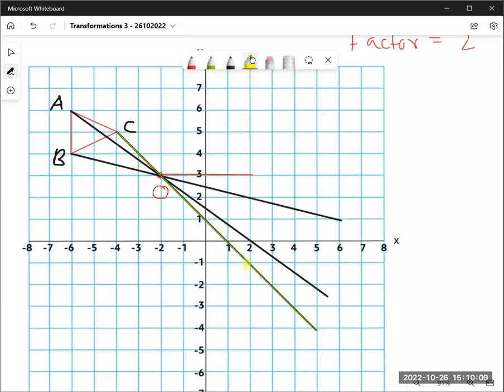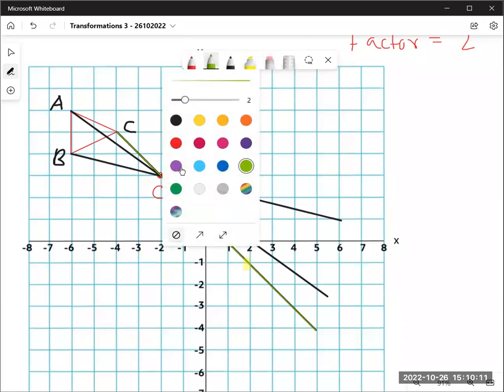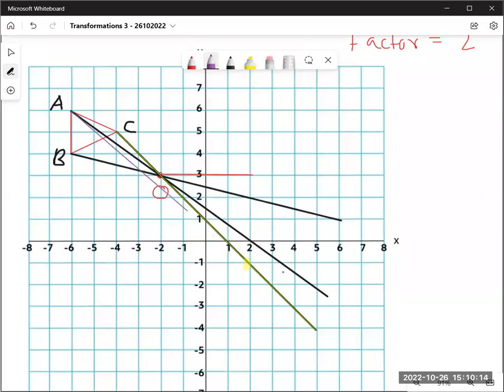Next one, let's look at this one, A, the purple line. Now, how many x units is A from O? 4.